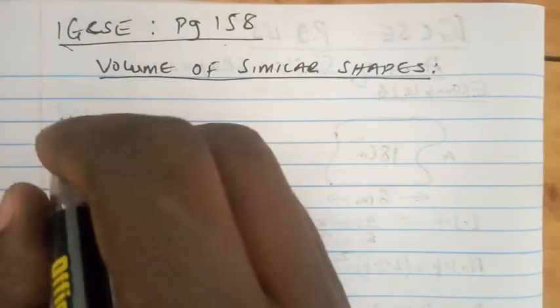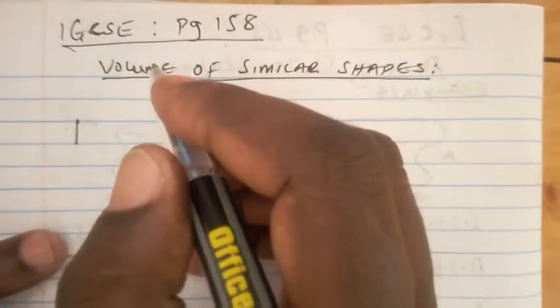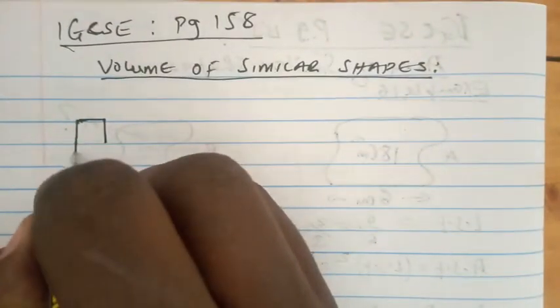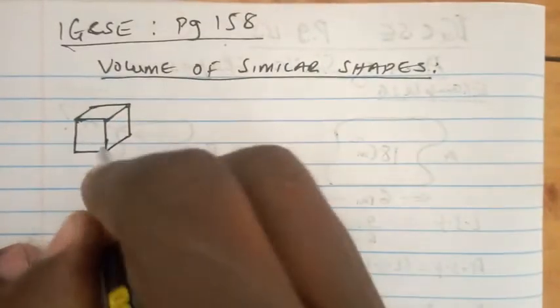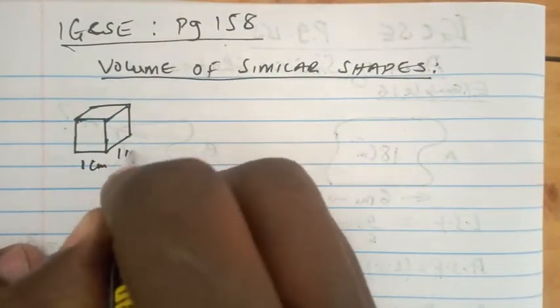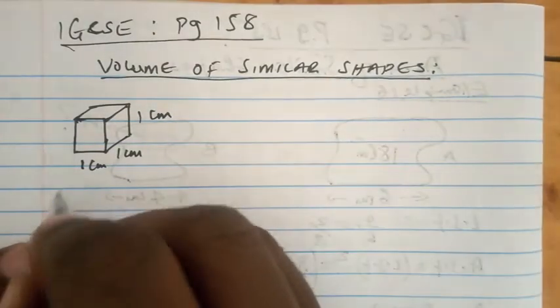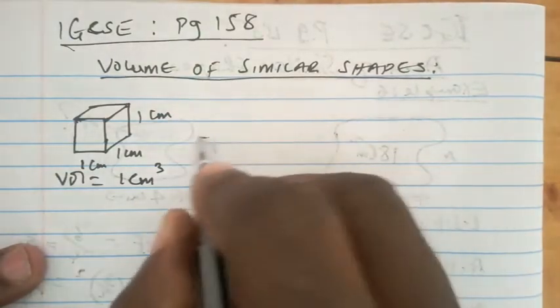So I would want to consider a cuboid that is of, let's even say, 1 centimeter by 1 centimeter by 1 centimeter, and you can see that the volume is 1 centimeter cubed.